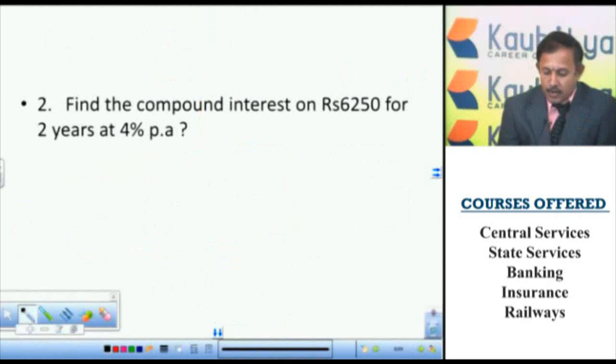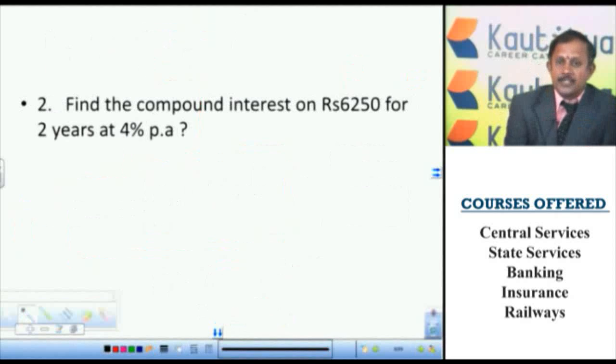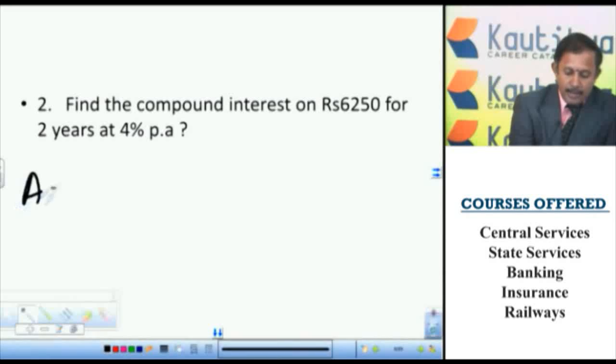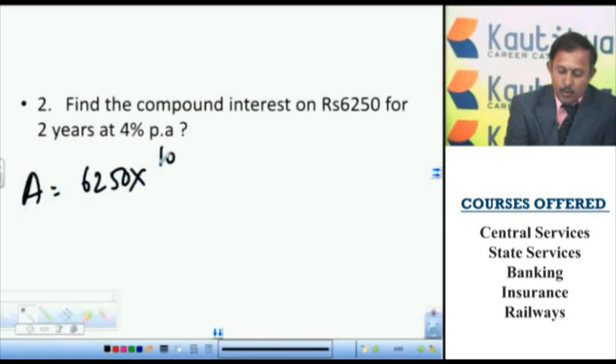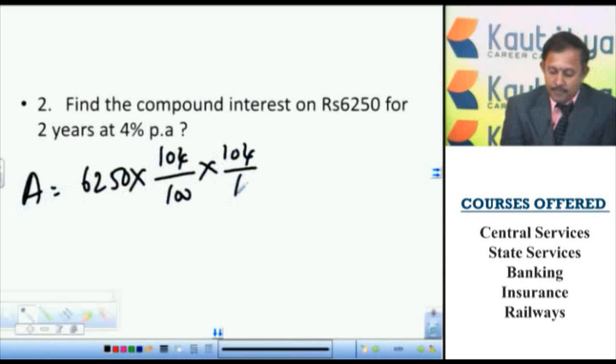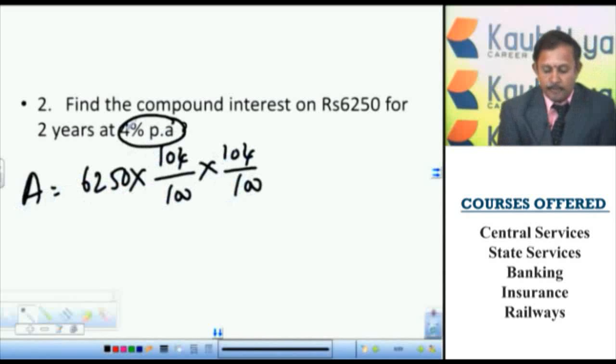And one more example, find the compound interest on 6,250 rupees for 2 years at 4% per annum. So amount can be obtained 6,250 into 104 by 100 into 104 by 100, because the rate of interest is given as 4. So I have to make use of the fraction 104 by 100. But here let us concentrate less on the calculation part, because there is no substitution for calculation, right?